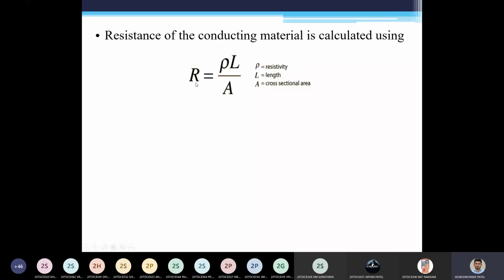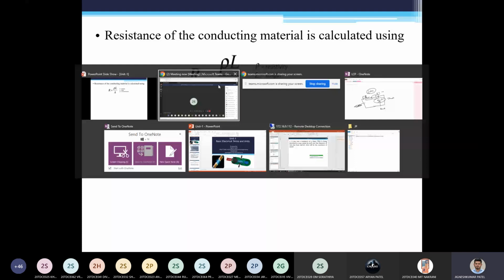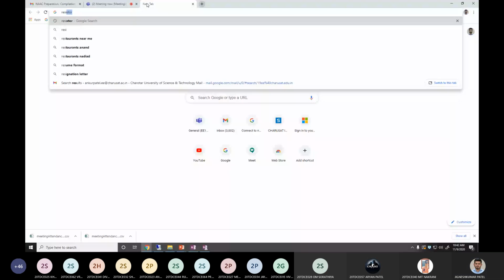First is resistivity. How do I know the resistivity? To find the resistivity of any metal, I must know which metal I'm using. For copper the value would be different, for silver the value would be different. I'll show you. You will see something like this somewhere.